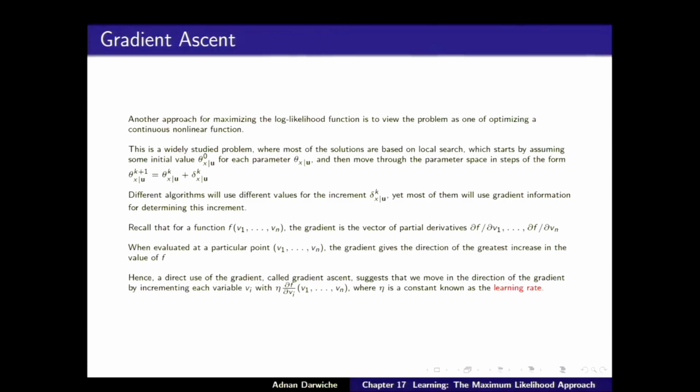I'll tell you about another method in one slide, actually. Gradient ascent. You can think of the likelihood as a function of the parameters. The data is fixed. And anytime you put parameters in the network, you get a different likelihood. So you can define the function, the likelihood, which is a function of many variables, these variables being the parameter estimates.